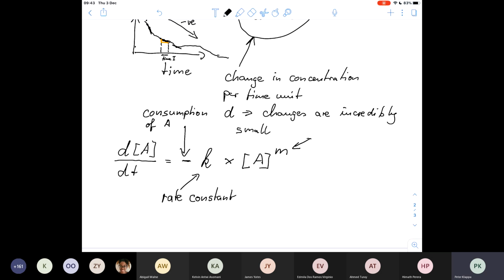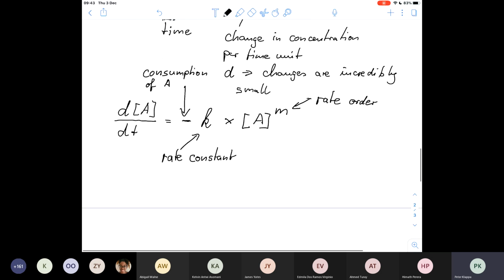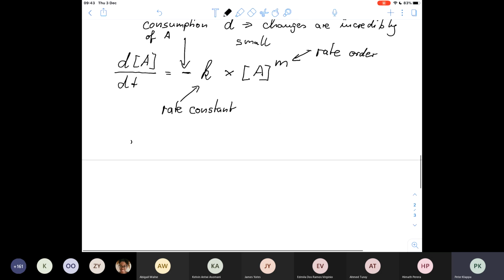This is called the rate order. And we will talk about these things, rate order and rate constant, in much more detail. So this dA, this change in concentration of A over time, that is our rate, equals minus rate constant times the concentration of A to the power of M.